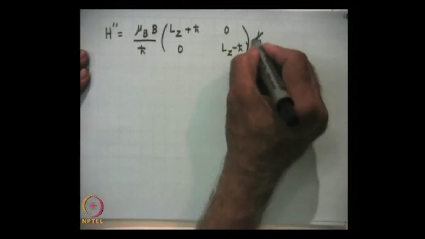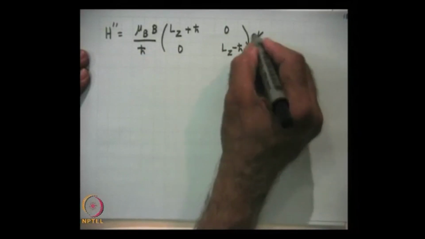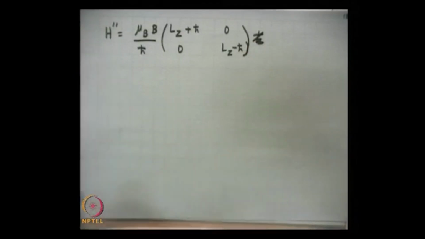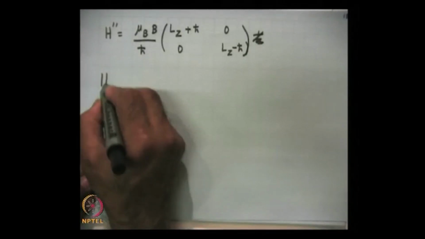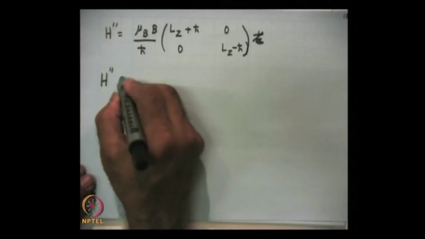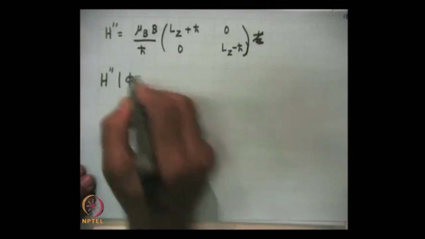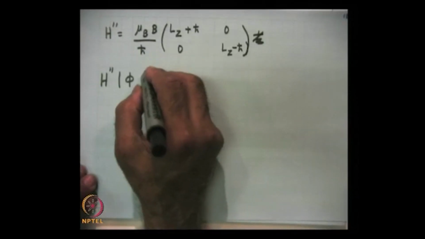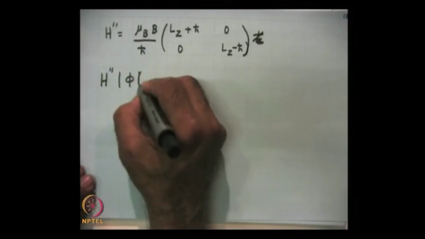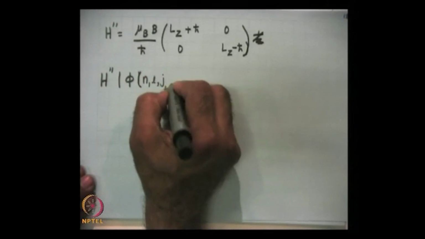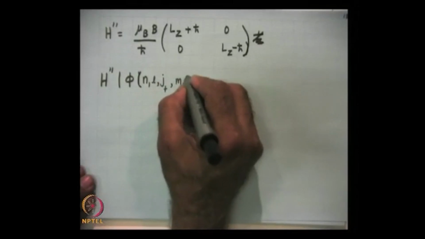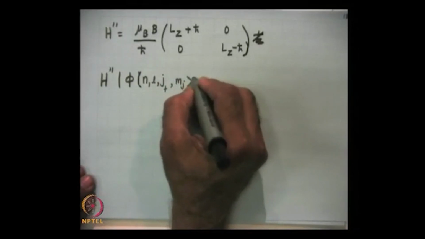So, that H cross, no, that is all right, this is Lz plus H. Now, H double prime operates on this phi function. Let us suppose we have phi n, comma L j plus, M j.